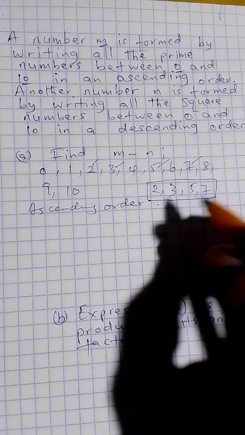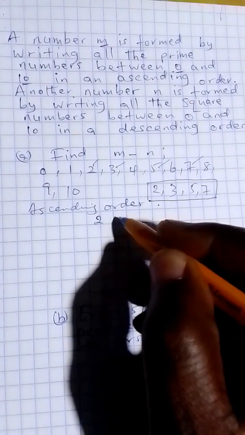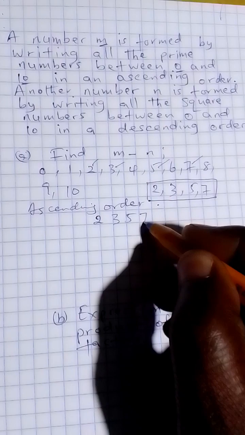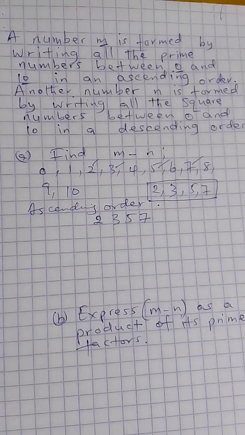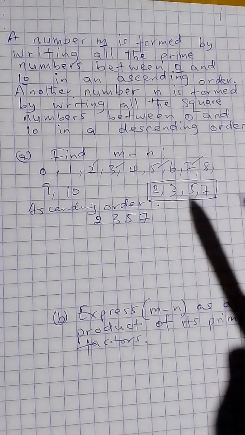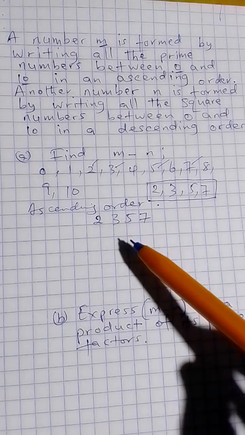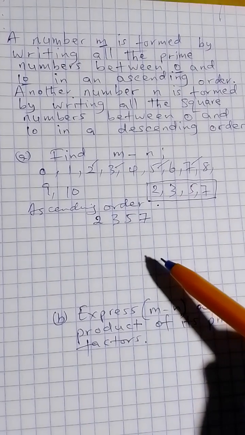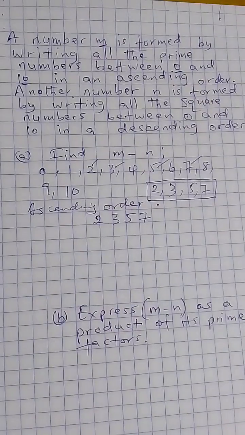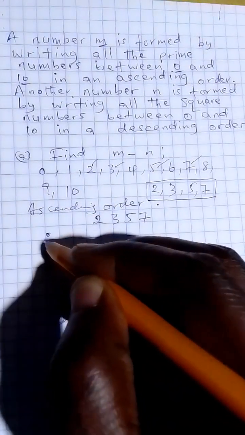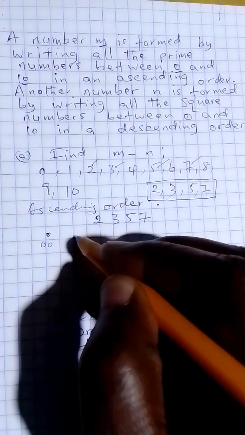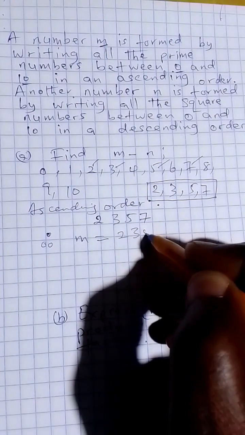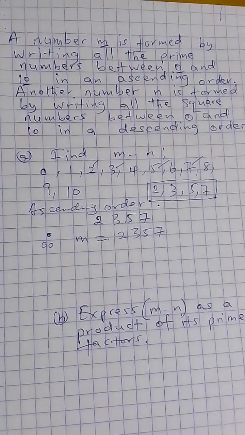So we start with 2, then 3, then 5, then 7. So we have written the prime numbers in ascending order: 2, 3, 5, 7. Therefore, m is equal to 2357.